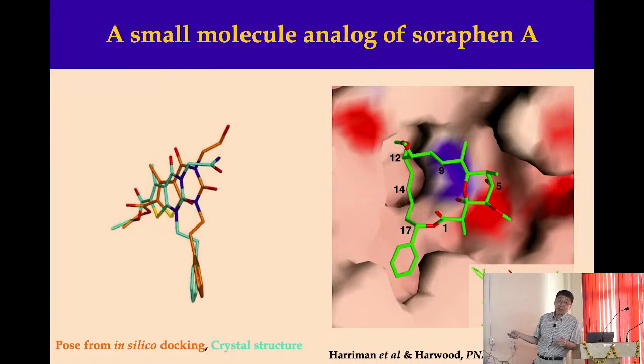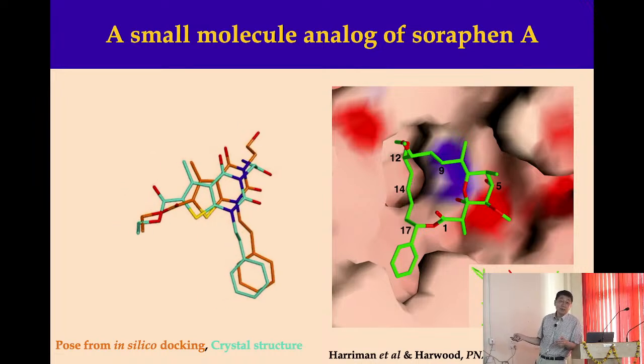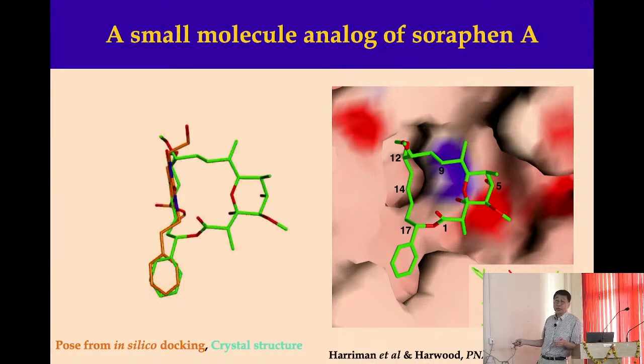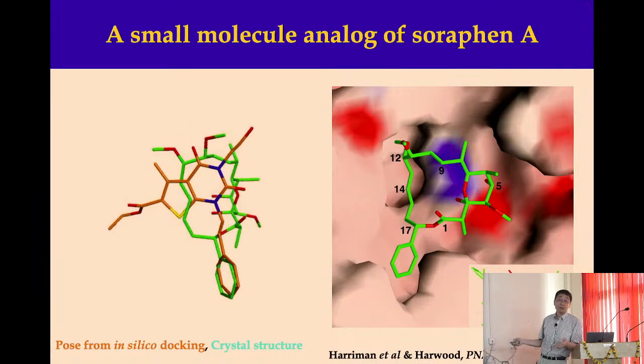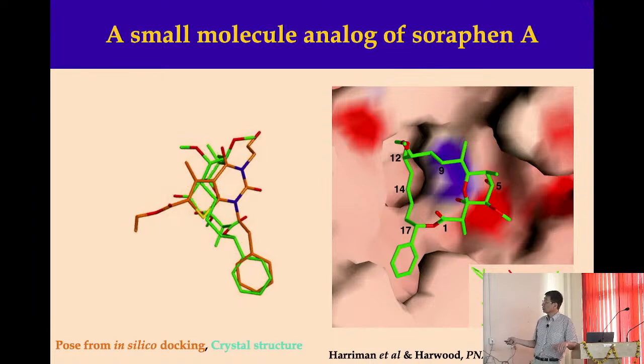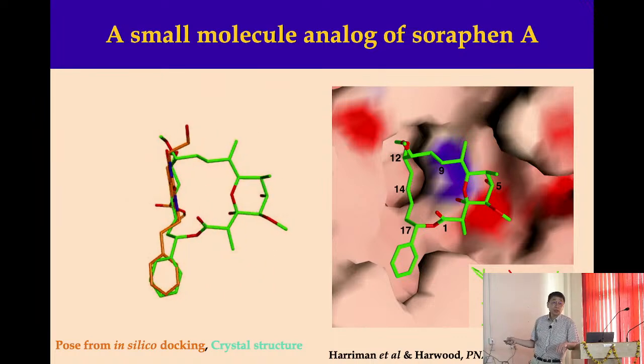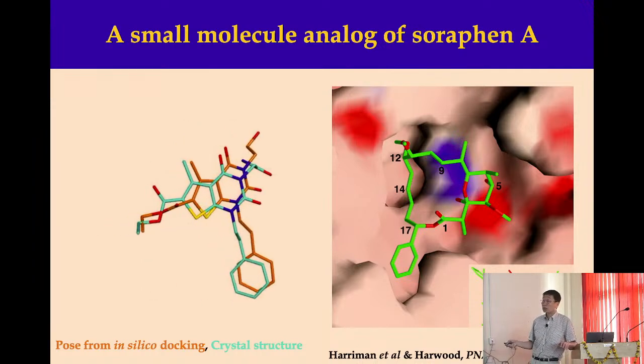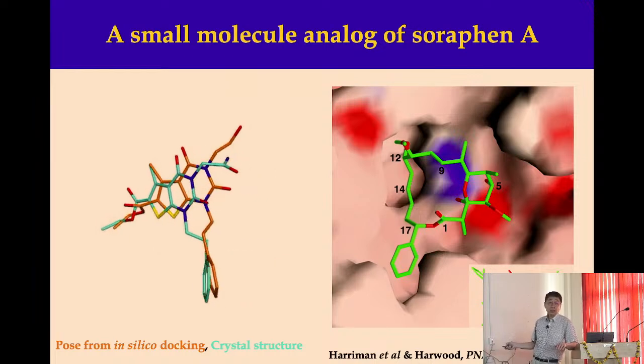And I was shocked how close they are. This was back more than 10 years ago. So you can see the binding mode is actually quite similar between what's predicted by in silico docking, completely computational, versus what happens in the actual crystal.